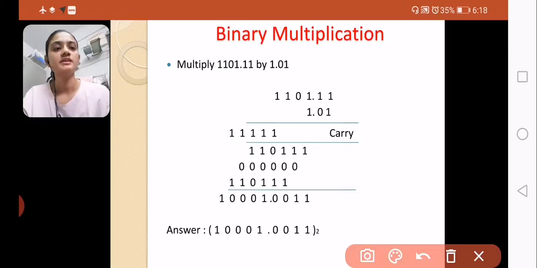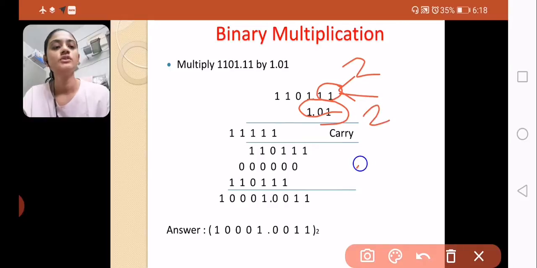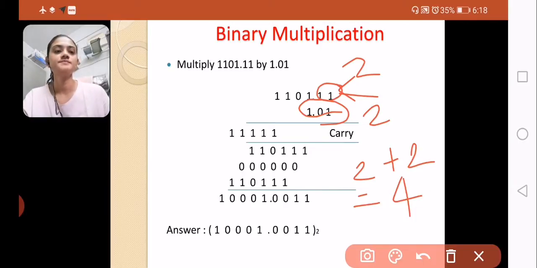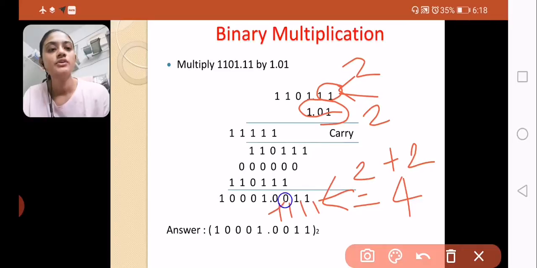Listen carefully. Here see, in the first number after the decimal point how many bits are there? 2. And in the second number after the decimal point how many bits are there? 2. So 2 plus 2 will be 4. Okay, so in the final answer, starting from the right hand side 1, 2, 3 and 4, you have to put the decimal point.